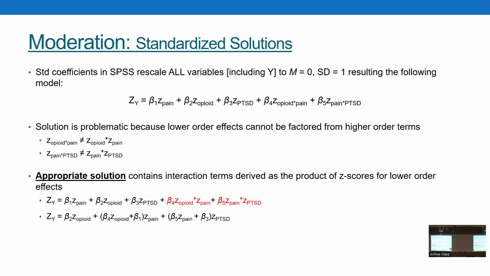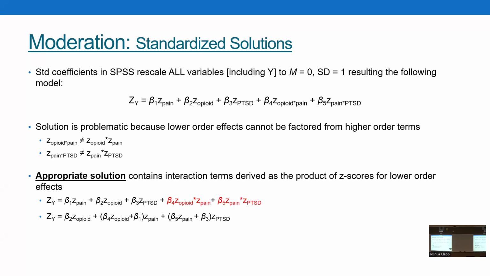So if you're running a moderation model and you want to report proper beta weights, what you need to do is take z-scores of your outcome and z-scores of your predictors, and then create new interaction terms that are the product of the z-score of your X1 and the z-score of X2.